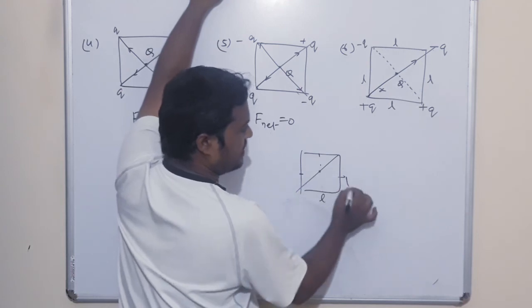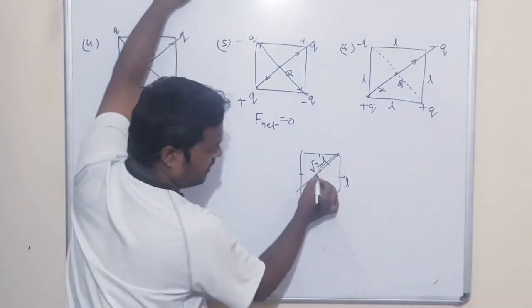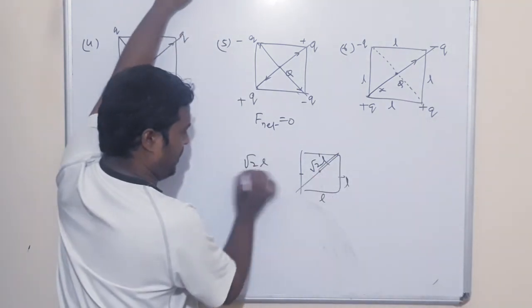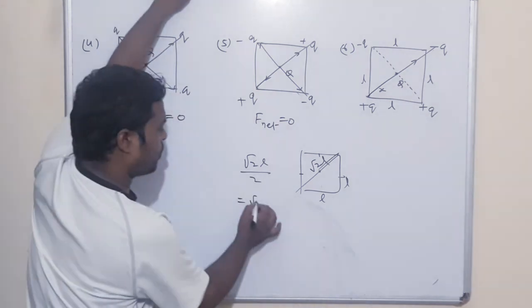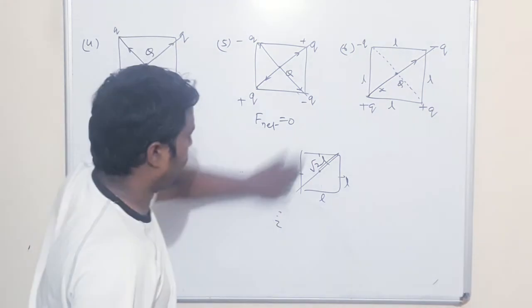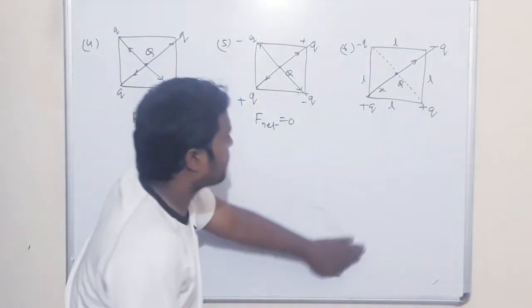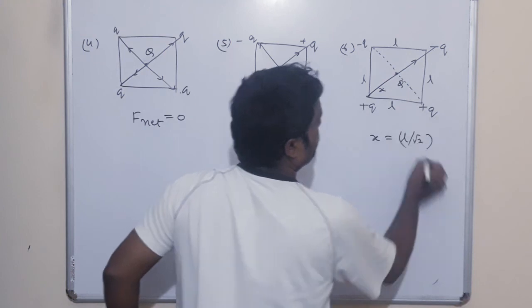See, this is L, this is L. Then what will be this diagonal? Root 2 L. And this will be half of the diagonal, root 2 L by 2. This will be L by root 2. Root 2 L, root 2 into root 2. This corner to center distance will be L by root 2.